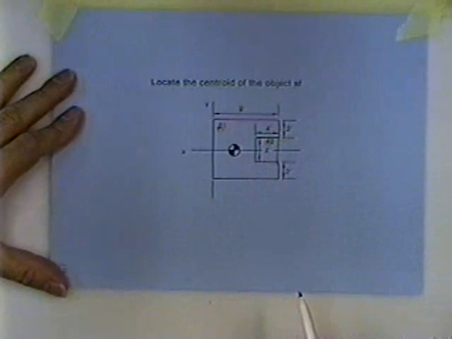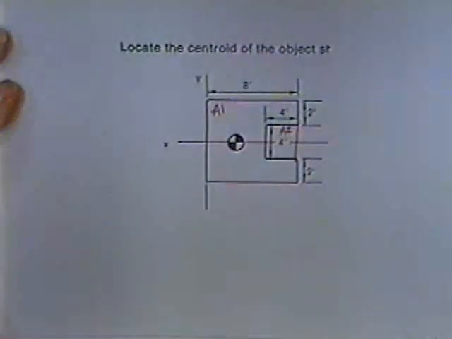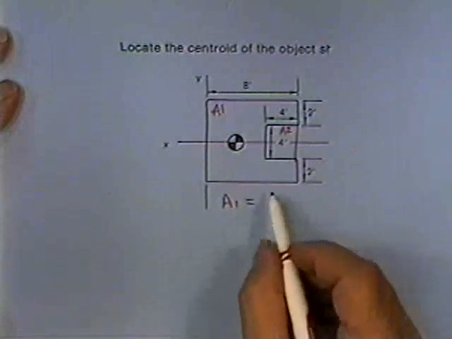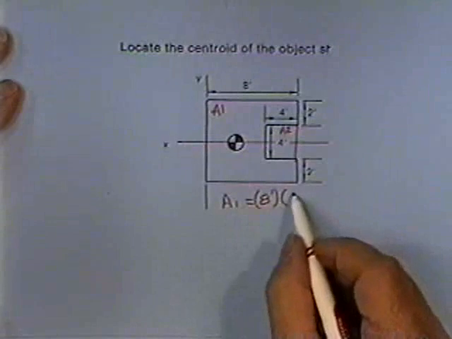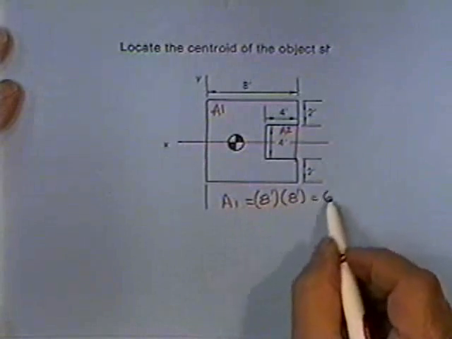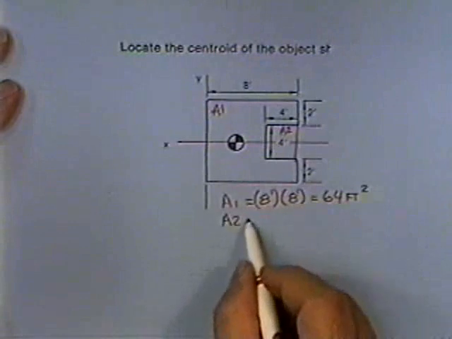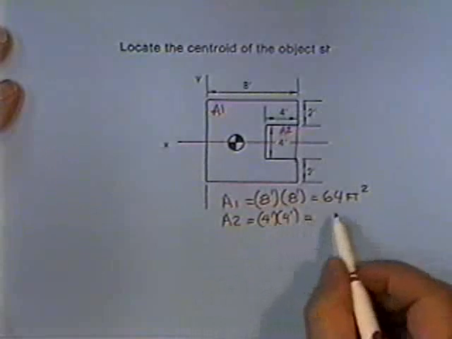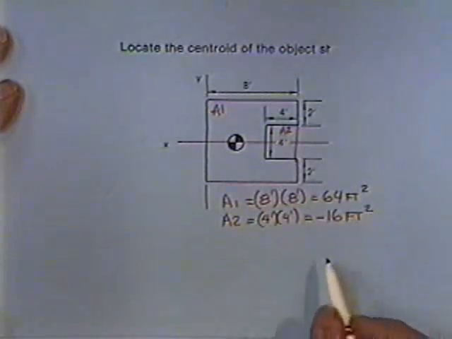Area 2 is the missing piece. Area 1 is equal to 8 feet by 8 feet, 64 square feet. Area 2 is 4 feet by 4 feet, but it's missing, a minus 16 square feet.